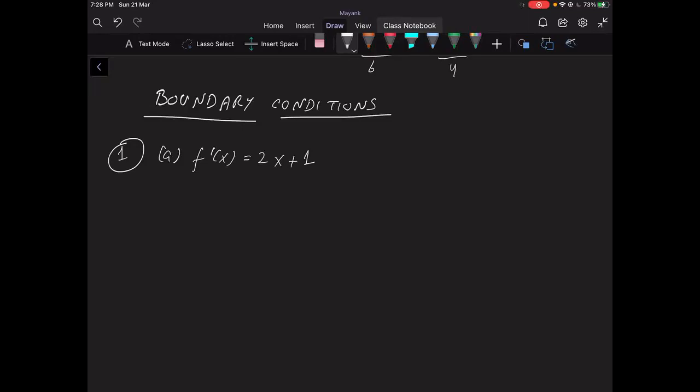How could you find fx here? Any idea? By integrating. Yeah, firstly, you can integrate. So what would be the integral? Fx equals integral of 2x plus 1 dx. Let's first try that. x square plus x. Absolutely. Plus c.